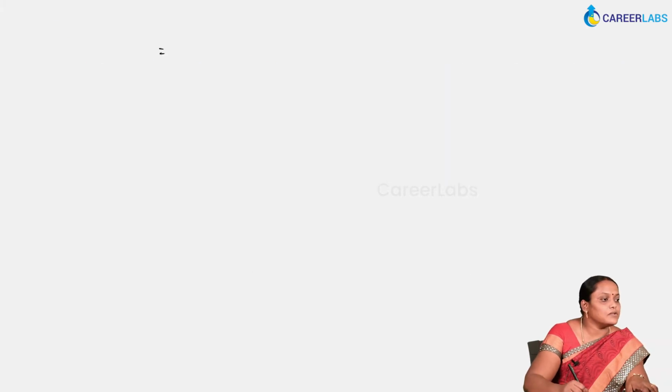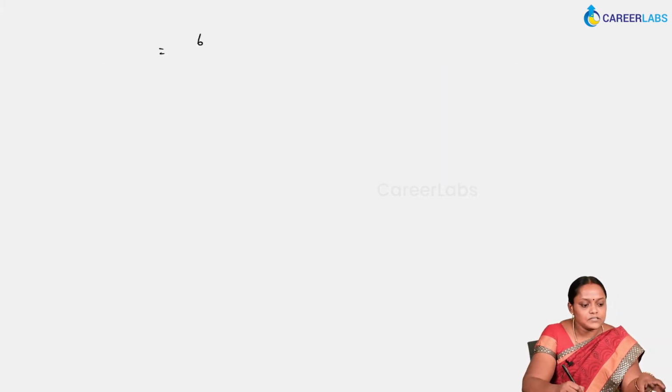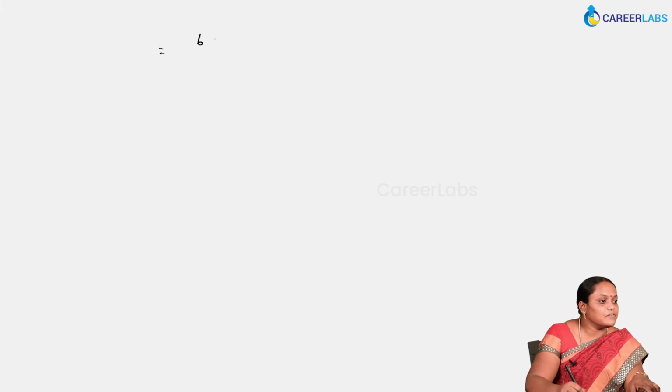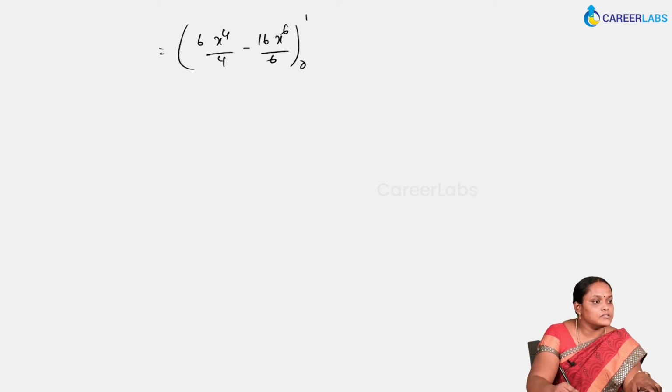So when you integrate this, x power 3 will be x power 4 by 4, minus 16 times x to the power 6 divided by 6, over the limit 0 to 1. So this is 6 by 4 minus 16 divided by 6.